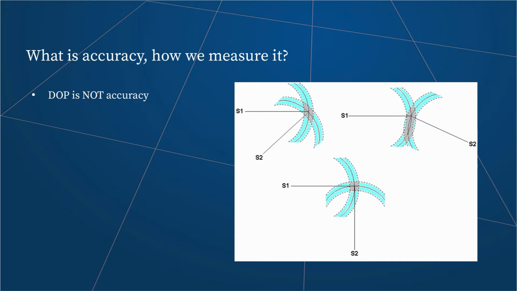DOP stands for dilution of precision, and it's a ratio between user range errors and the position errors resulting from them. It can be anywhere between 1 and maybe 20, and a lower value is better for accuracy, but actually the accuracy is a multiple of this value, not the actual accuracy.